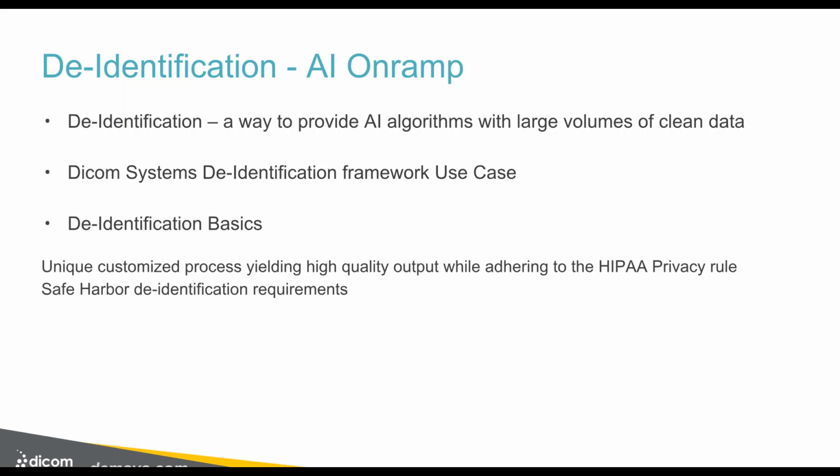That's a way that you can take a large volume of clinical imaging studies and clean them up so that they're very useful to the AI algorithm that's going to consume them. And then we're also going to show you an actual use case of this in action, and you can see how that could relate to your own individual AI integrations that you're planning for the future.